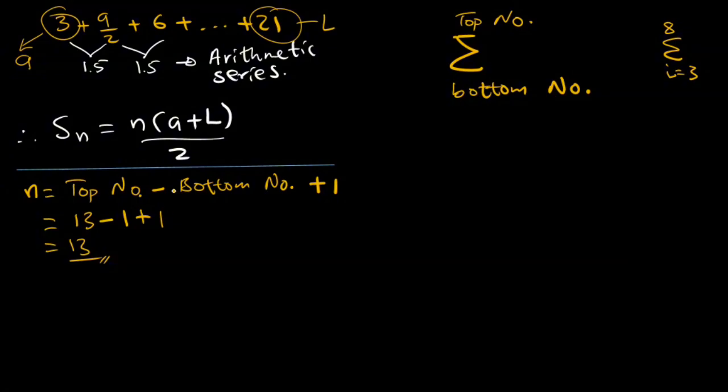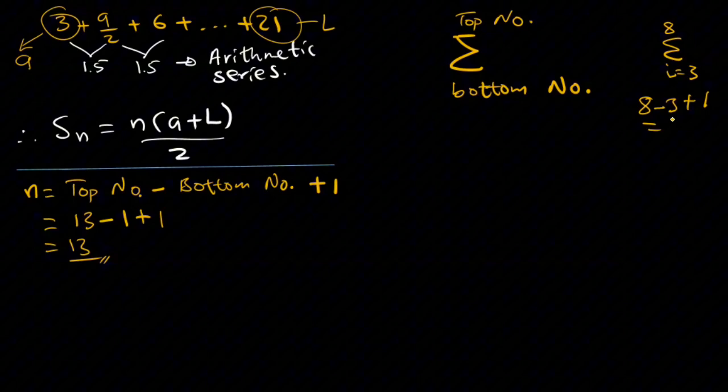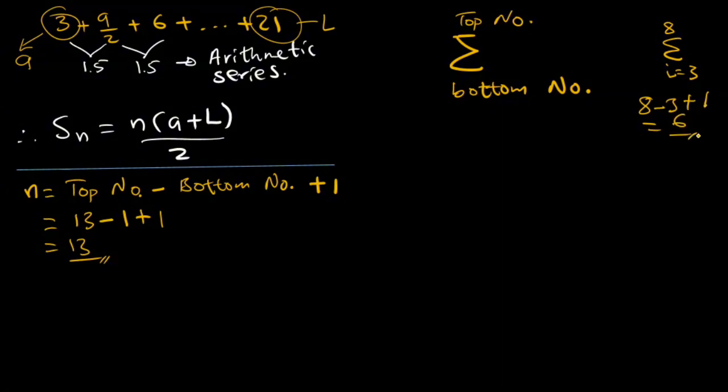So you take the top number, subtract the bottom number, and add 1. So if you had something like this, you take the top number, which is 8, subtract the bottom number, and add 1. So this will give you 8 minus 3, which is 5, plus 1, which is 6. So the value of n will be 6. I hope that makes sense.